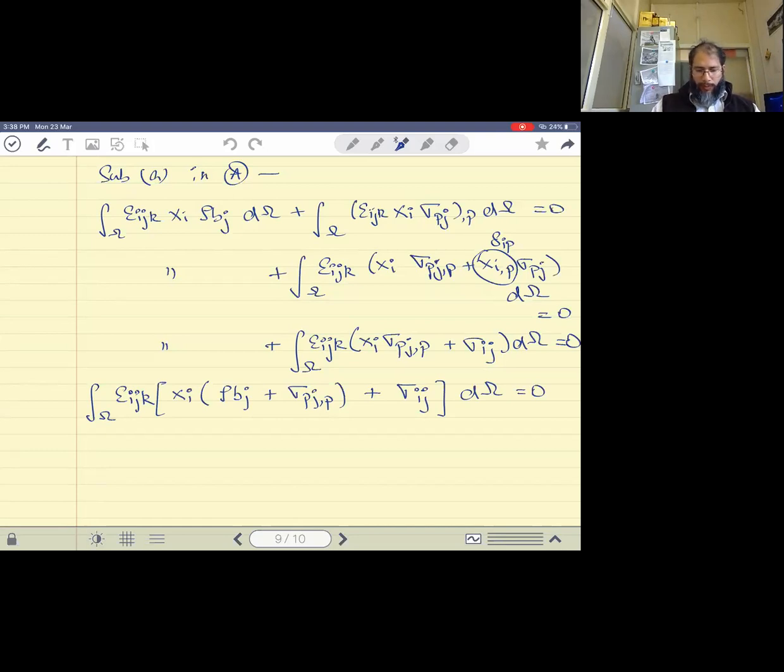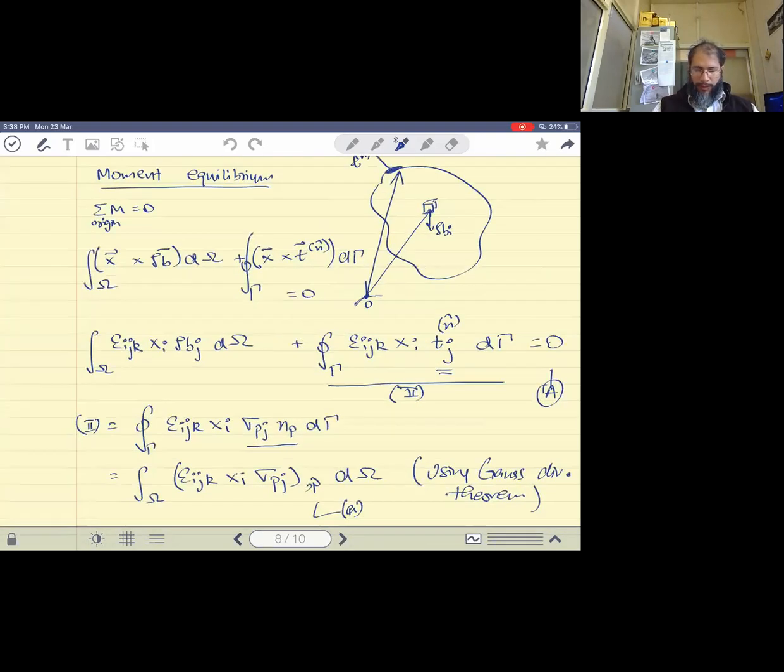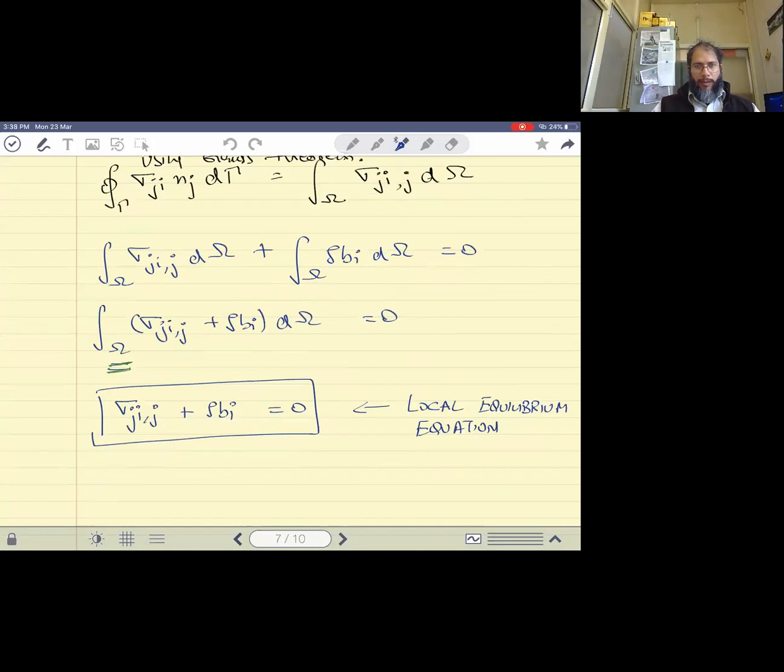So what is this term? Now we just saw, if we just go back a couple of slides, this local equilibrium equation says that rho bi plus sigma ji comma j is 0.